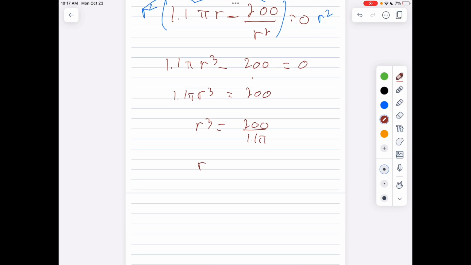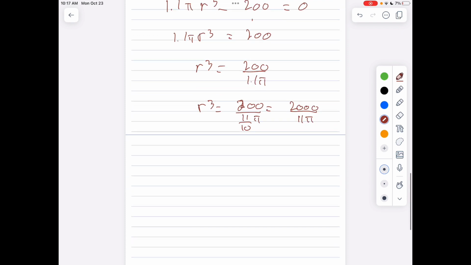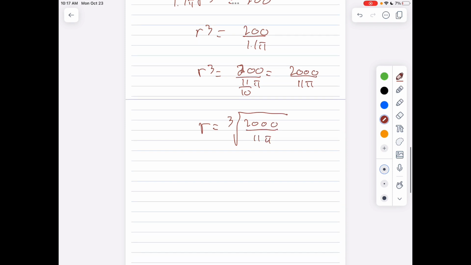If you prefer, this is like saying r cubed equals 200 over 11 tenths pi, which is 2,000 over 11 pi. So we take the cube root of that. This equals the cube root of 2,000 over 11 pi, and you can certainly leave your answer like that.